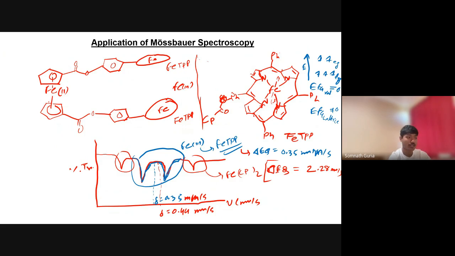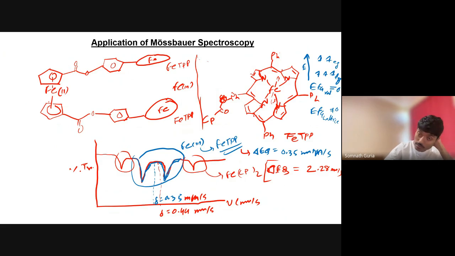But in the case of ferrocene, there is no ligand surrounding the xy plane, only the Cp rings as a sandwich kind of structure. We don't have any ligand on the sides of the metal center. So because of that we have a large EFG lattice value, and here we don't have that much in iron TPP.